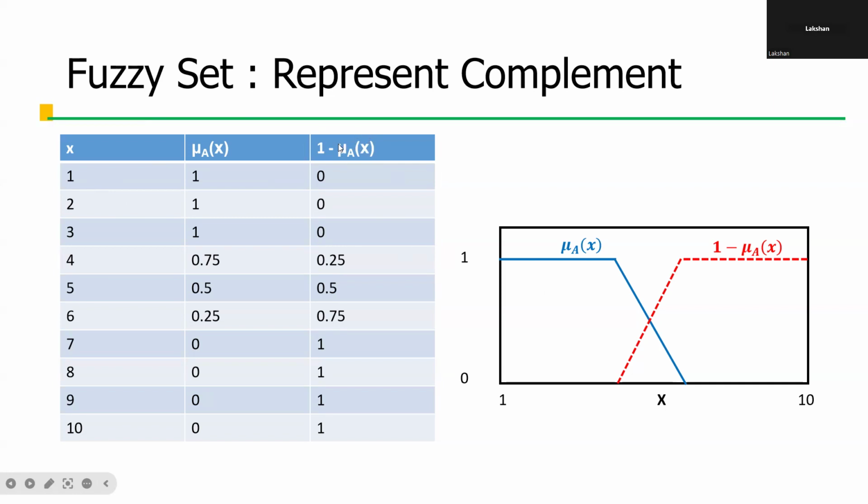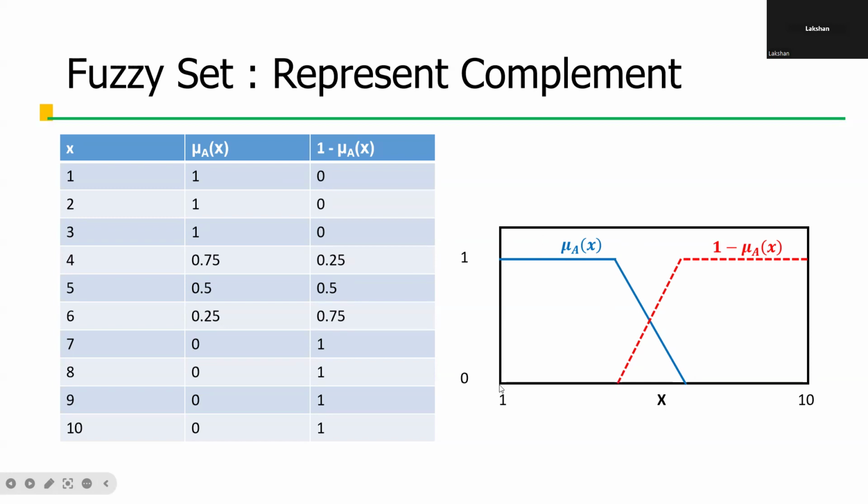This is always the value; the sum of these two will be 1. So it has a relationship like this. You can see the membership values are increasing, up to 1, and then it declined.